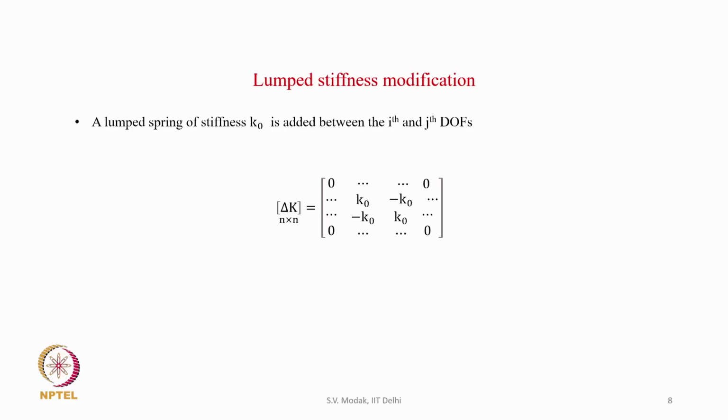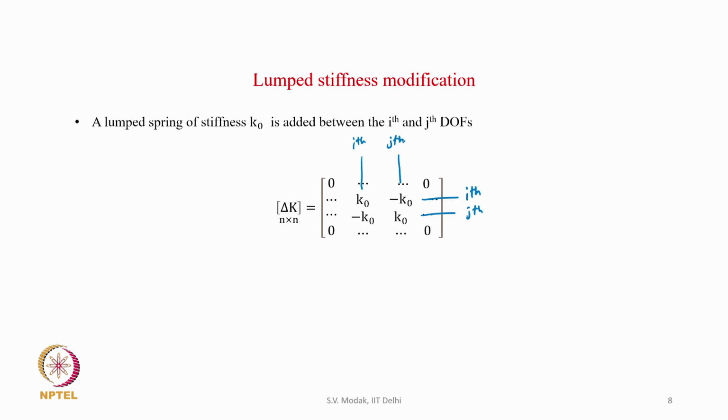It is a matrix of order n by n, and then we have the stiffness values k naught, minus k naught, minus k naught and k naught, which is the stiffness matrix of a linear spring with 2 degrees of freedom, displacement at its both ends, and these values correspond to the ith and jth rows and ith and jth columns. So, at the intersection of these rows and columns we will have k naught, minus k naught, minus k naught and k naught.